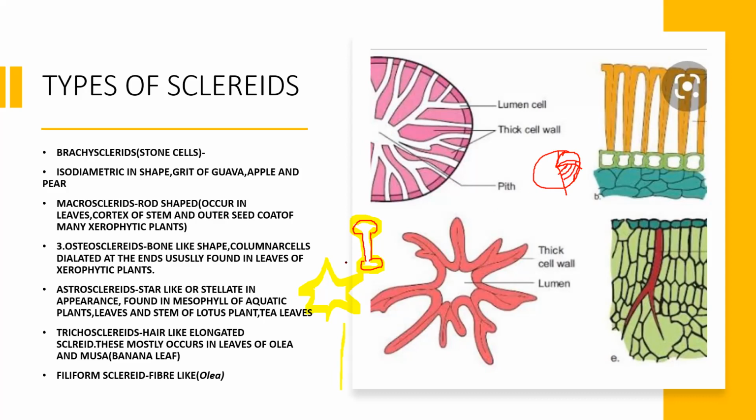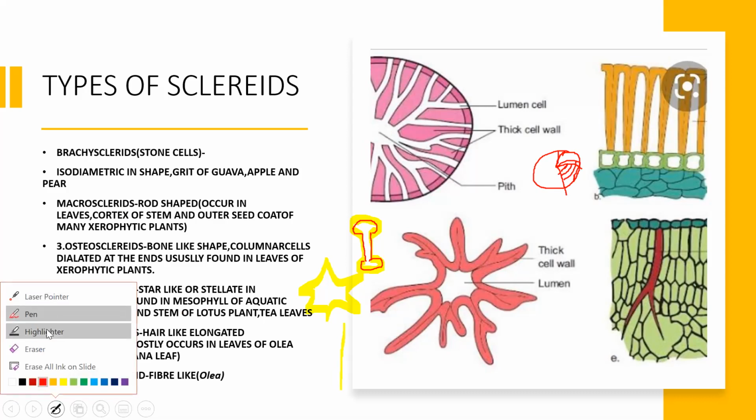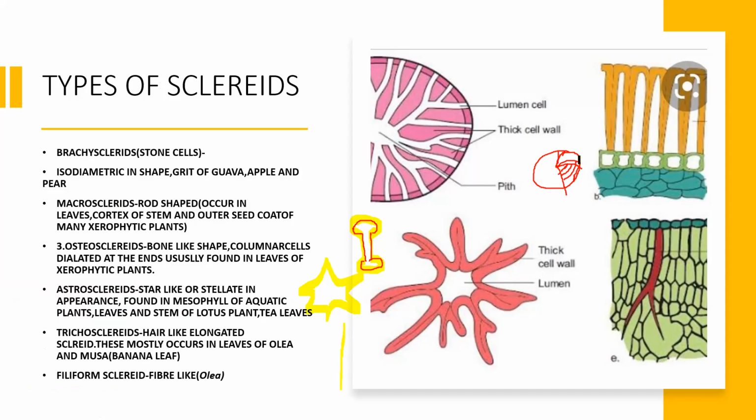This is the thickened area. Now the unthickened area is present in between the thickened area. Now I'll again make it with a different color so that you can understand. This part which I'm making is the unthickened area, and this part is the thickened area.